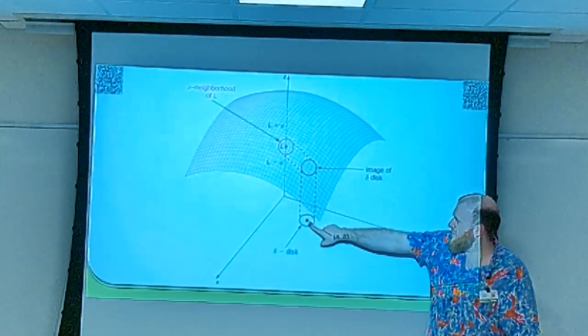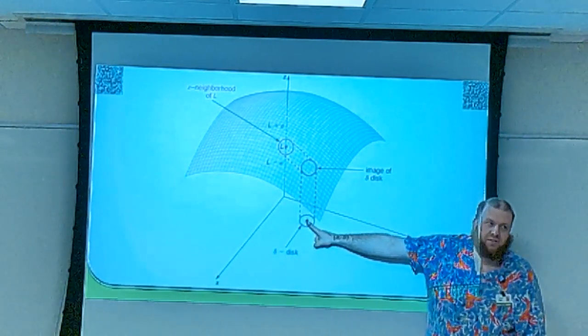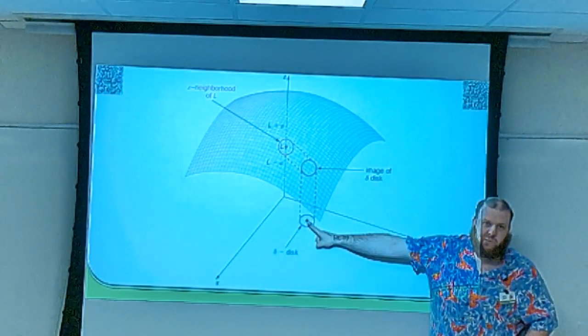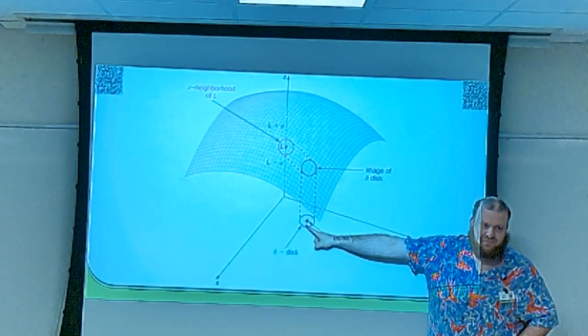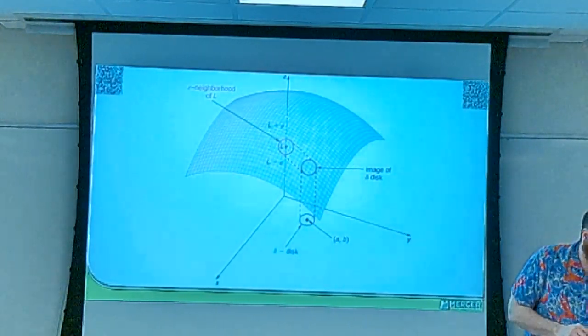All right, so here's (a, b). How many ways can you approach that point? How many directions can you approach that point from?